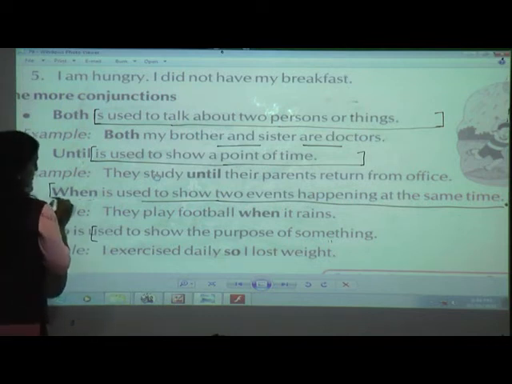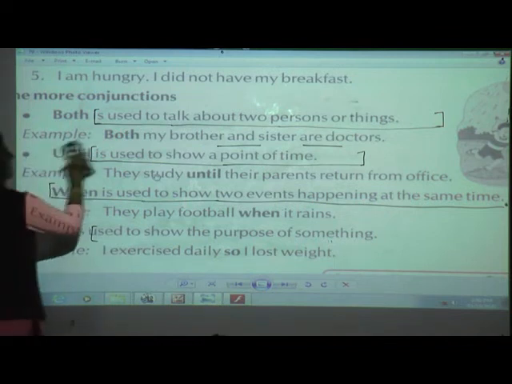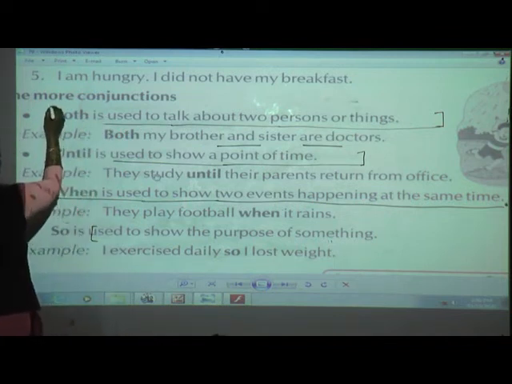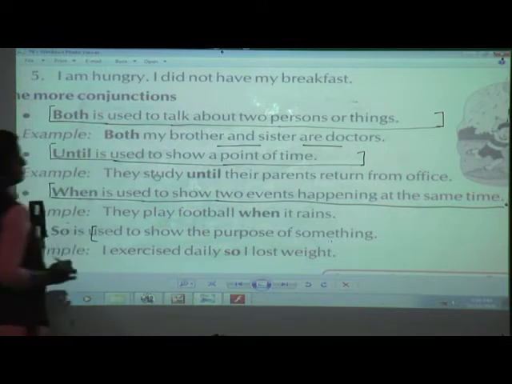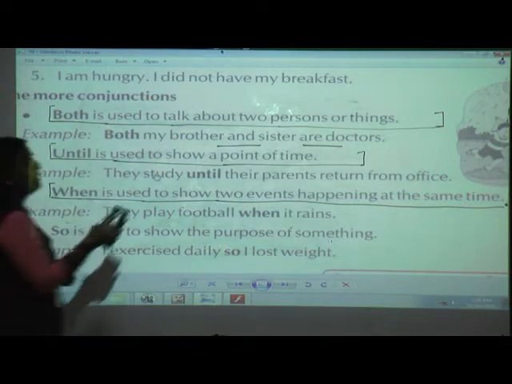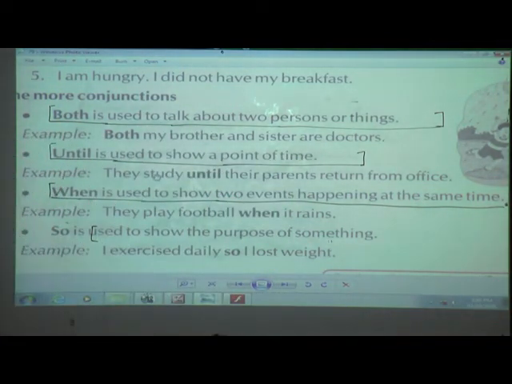Until is used to show a point of time, and both is used to talk about two. These are the things which you have to keep in your mind. So I have told you to underline. Whatever things I am telling you to underline, students, you have to underline with a scale. I do not have a scale over here, but you can use a scale to look neat.